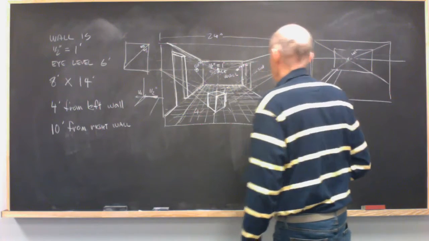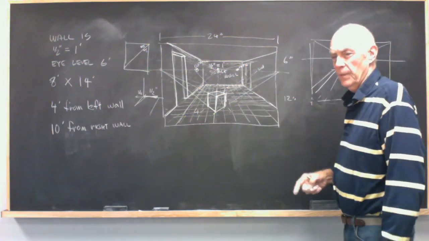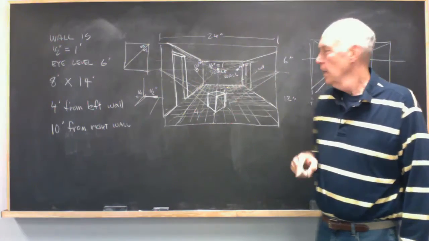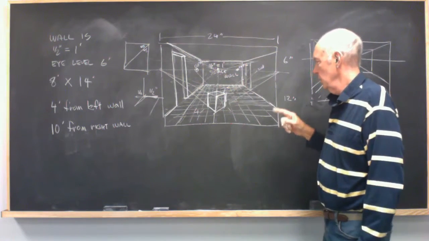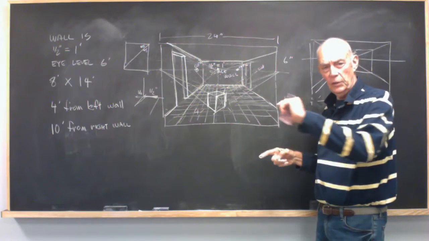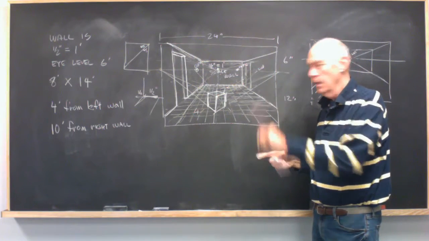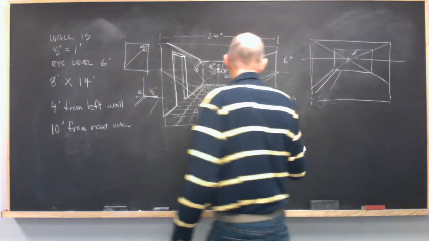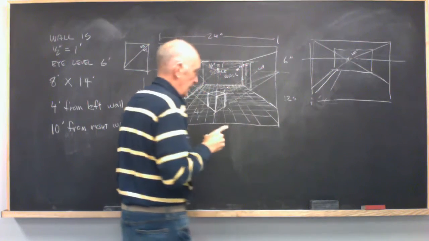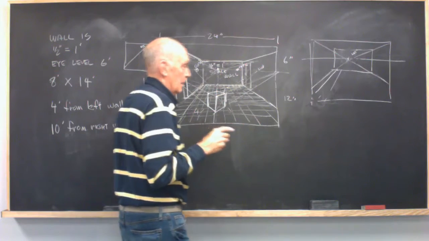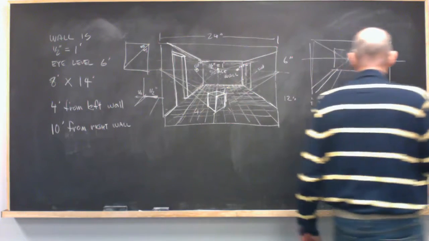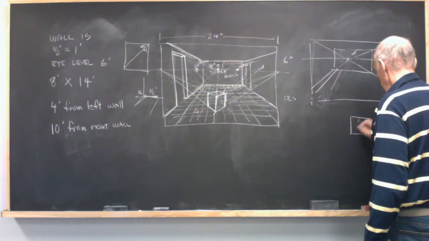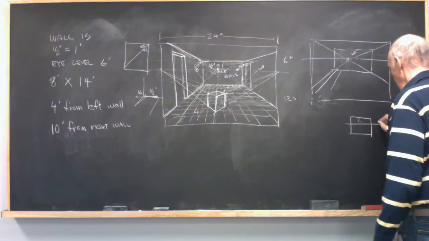Okay, now this is not square at the top. A Roman arch is a circle. Now, since this Roman arch is going through the wall, the cylinder is parallel to the picture plane. In other words, the cylinder goes straight through the wall.